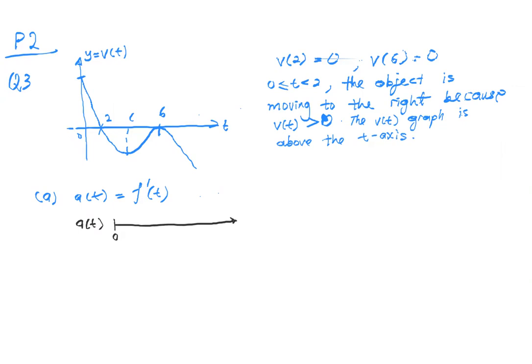Okay, so I have to ask myself, when is acceleration equal to 0? So your friend answers C and 6. So I mark down here C, mark down here 6. Okay, so to know the sign, correct? If the velocity graph is going down, it means acceleration is positive or negative?